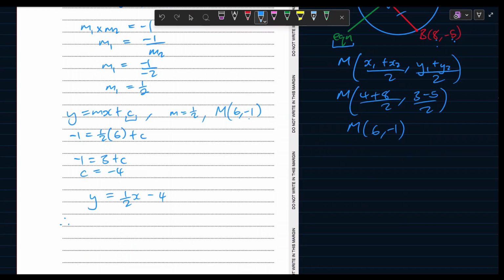To conclude, we can say that y equals half x minus 4 is the perpendicular bisector of chord AB.